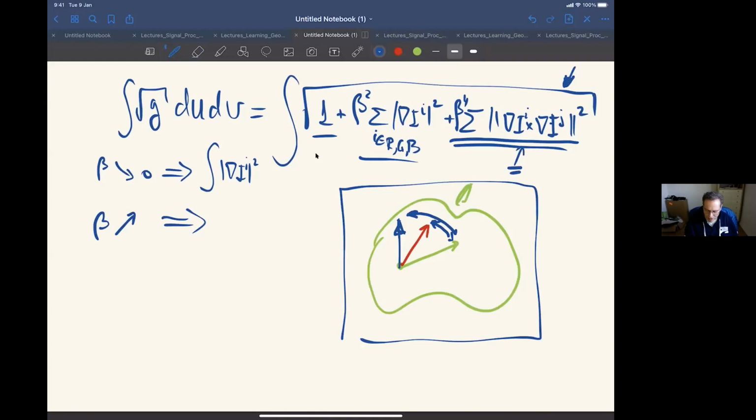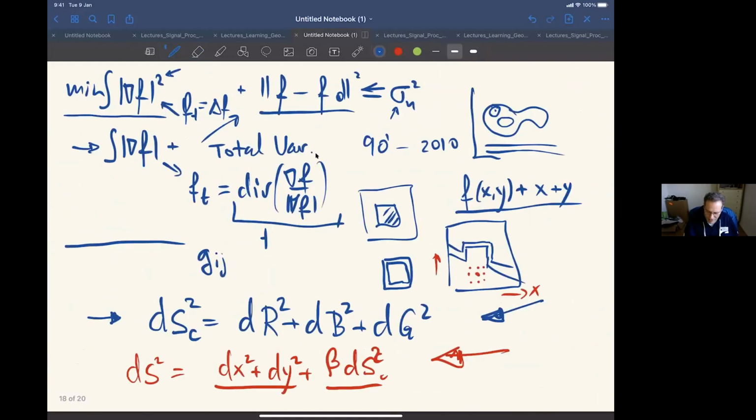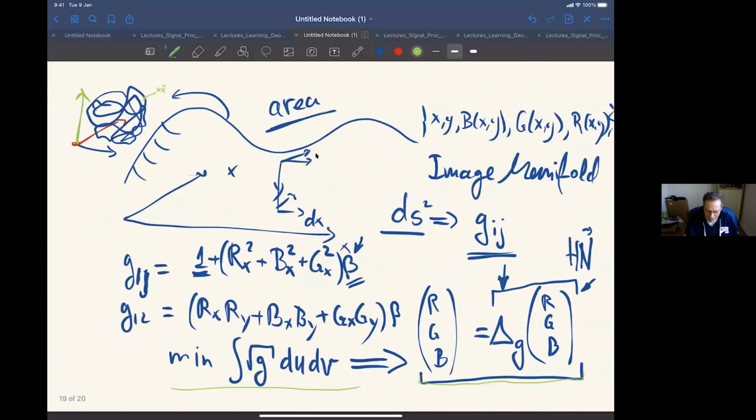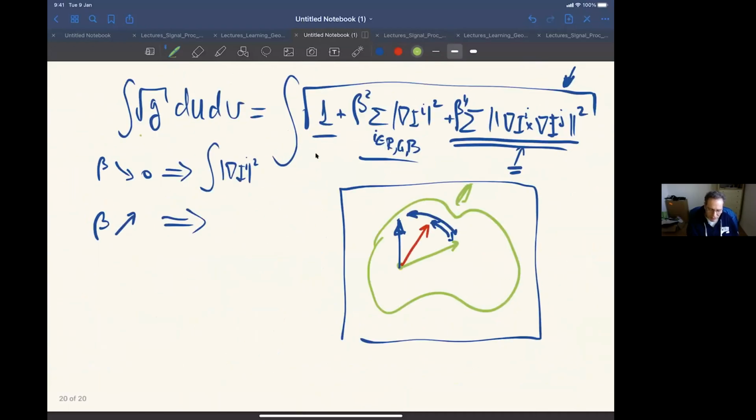And if you remember, when we looked at the image formation model, this was exactly what we expected our image to be. So minimizing the area of the image manifold would indeed give me a good property. Now, let's assume that I have aligned the gradients of all red, green, and blue colors.